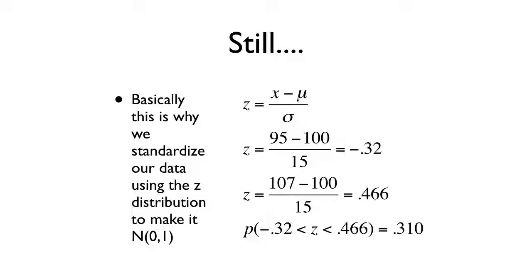So all of this is doing is I've taken 95 and 107 and converted them into these Z scores. Okay, so I know that 95 is negative 0.32. It's probably that far. And 107 is 0.466.